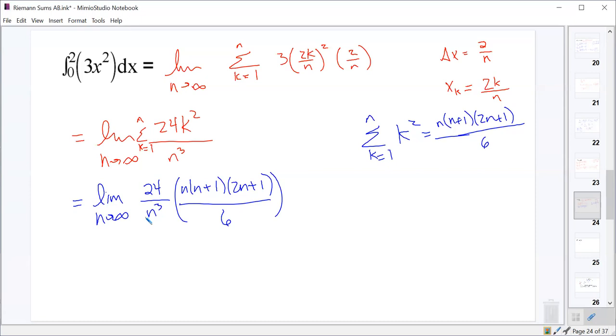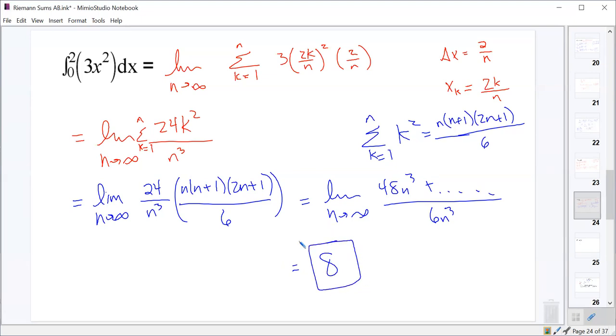And so in the numerator, we've got a 48 n cubed plus some other junk that's not as significant, divided by a 6 n cubed. And we can just divide the leading coefficients to get 48 over 6, which is 8. Everybody good with that?